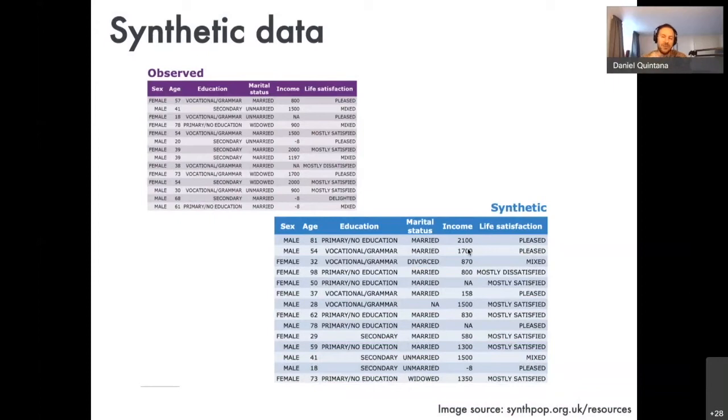Yet the most important thing is that the frequencies and the averages and standard deviations remain almost exactly the same, and the relationships between variables also remain very similar to the original data set. So it's not only the means and the frequencies, but also the relationships between variables, which is very important when you're doing exploratory analysis.